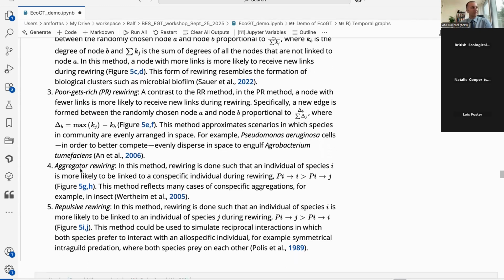You can also have what I call aggregator methods. So here the species would just prefer to be linked to a conspecific. So the rewiring method is not based on the degree anymore, but it is based on the preference of the species to be connected to conspecific individuals.